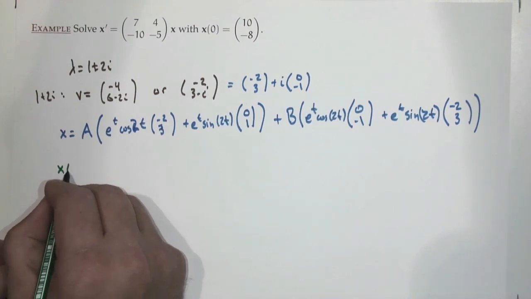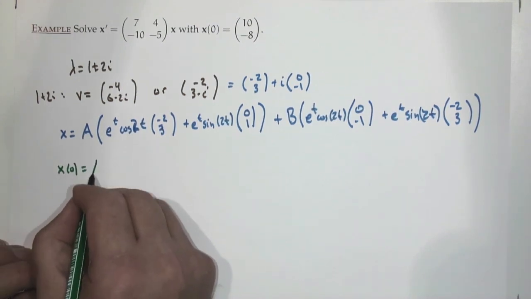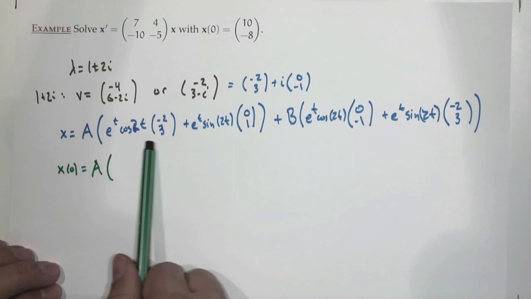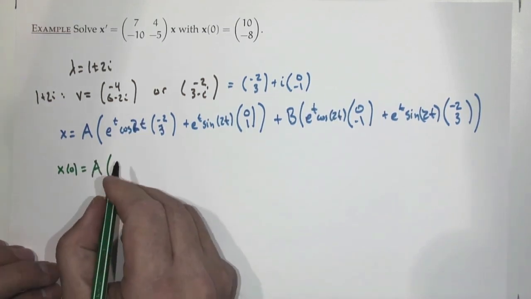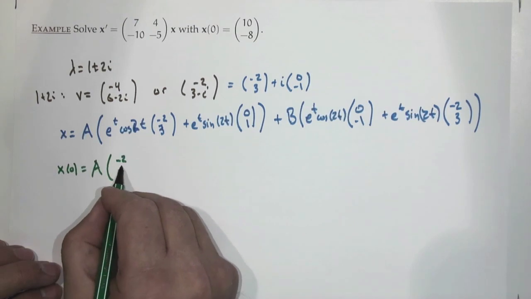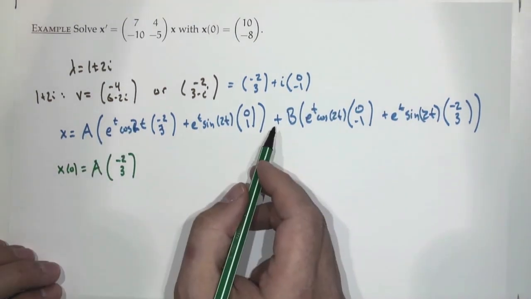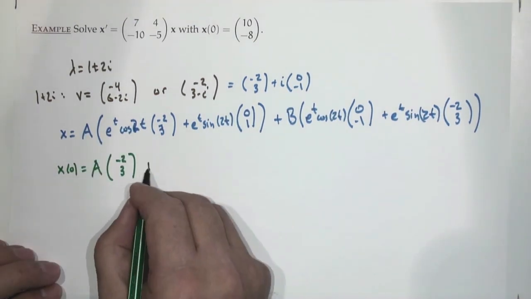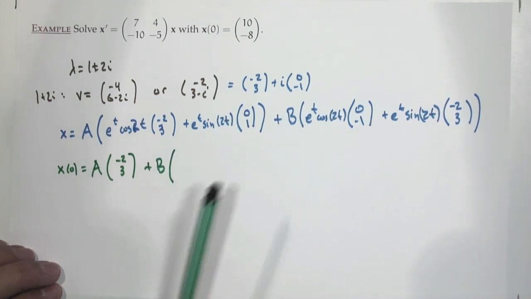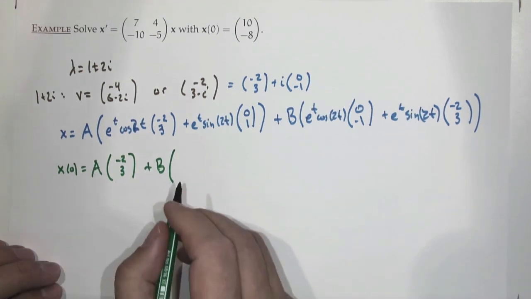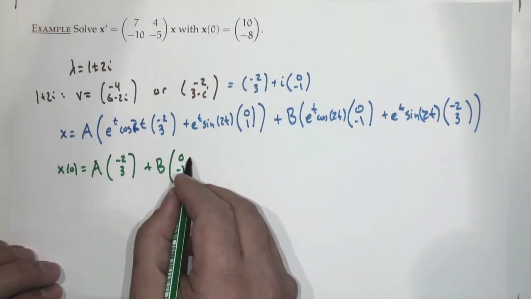So x of 0 equals a. When we plug 0 into this first function, what comes out? [-2, 3]. Everything else is gone. Plus b. What happens when we plug it in there? [0, -1].